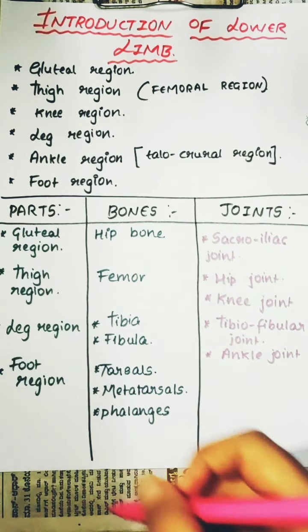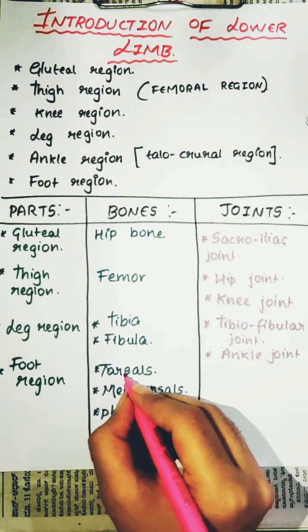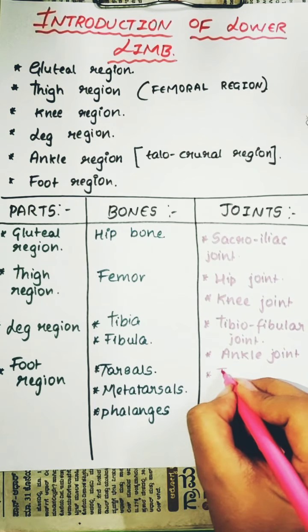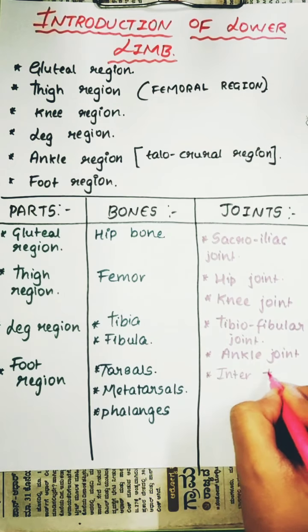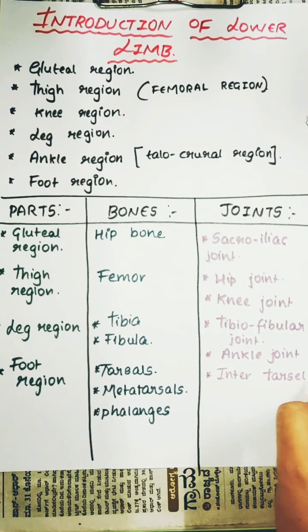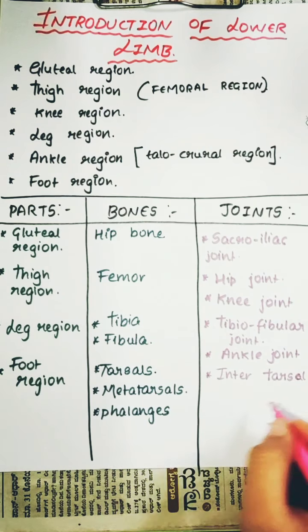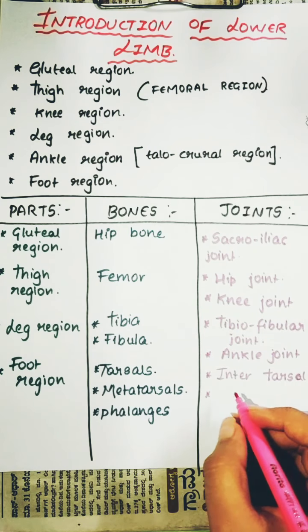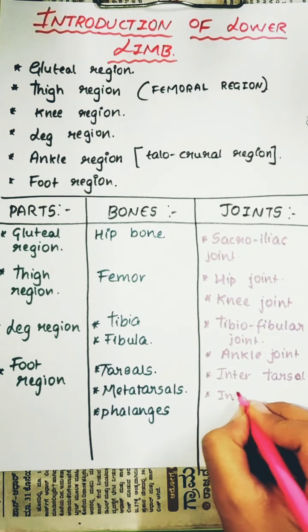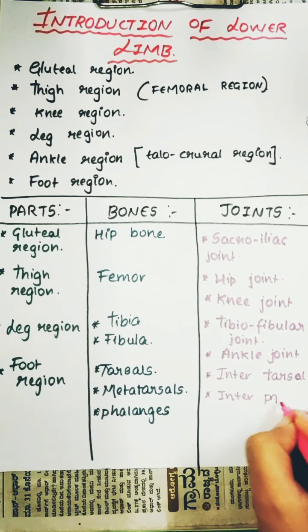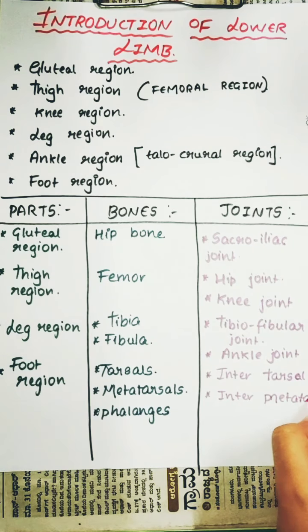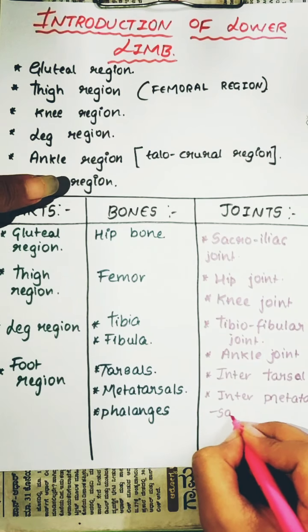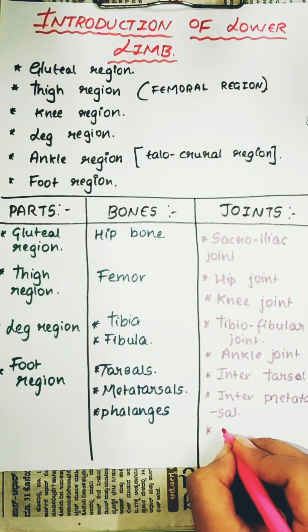Now we'll look at the joints present in this region. Between the two tarsals we have the intertarsal joint. Between the two metatarsals we have the intermetatarsal joint. Between the two phalanges we have the interphalangeal joint.